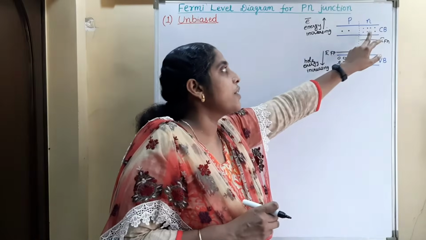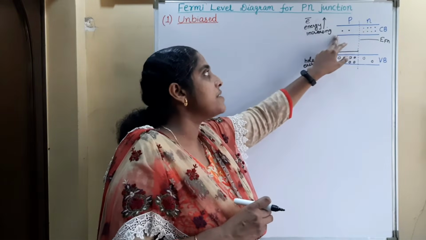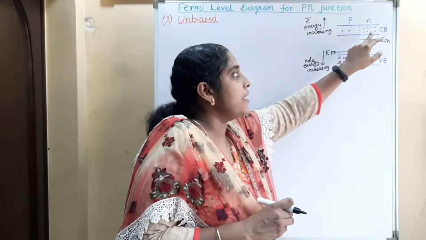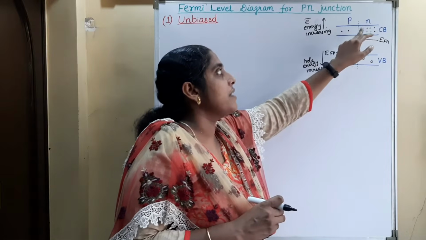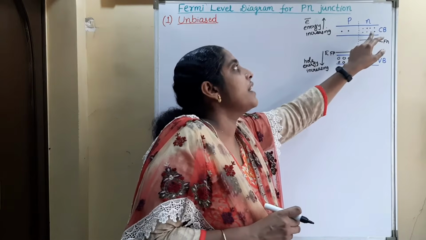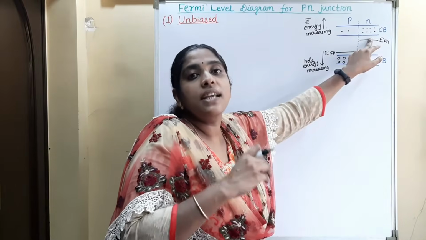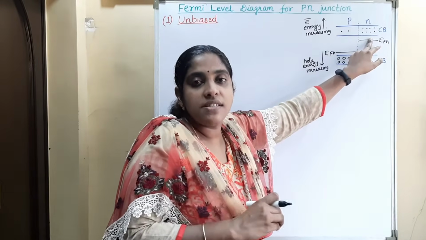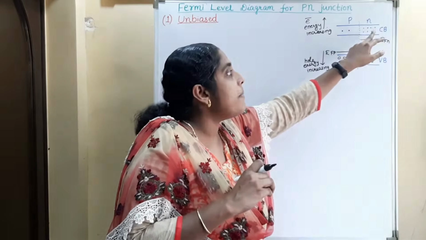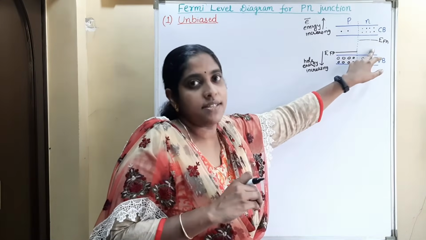So here electrons move from the conduction band of N region to the P region. As the high energy electrons from the N region are moving to the P region, the electron energy in the N region is decreasing. Due to this decrease in the electron energy in the N region, the band structure in the N region will shift downwards.